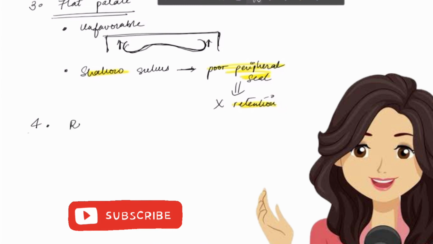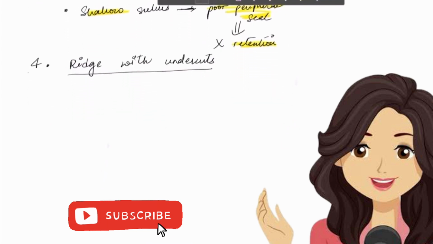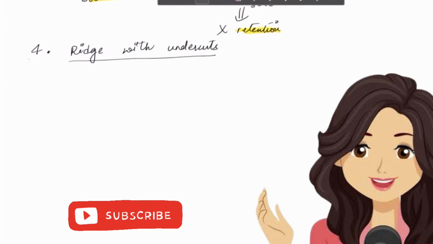And we come to the fourth one, ridge with undercuts. Now, this is a hot topic for your exam. If you have read your question banks nicely, you must know that this is one area from which questions have come in your exam.